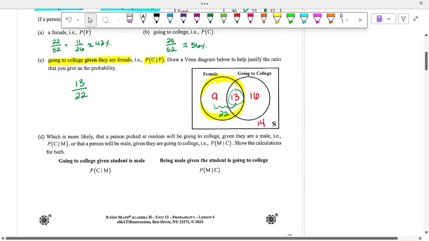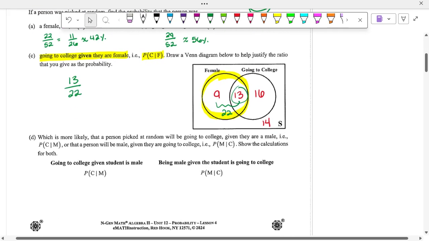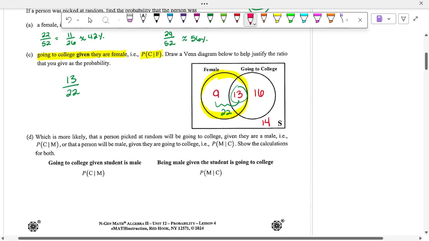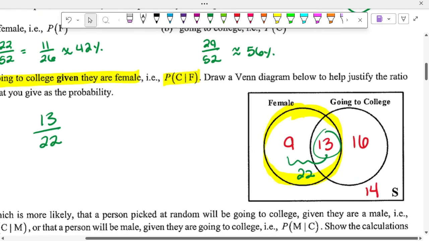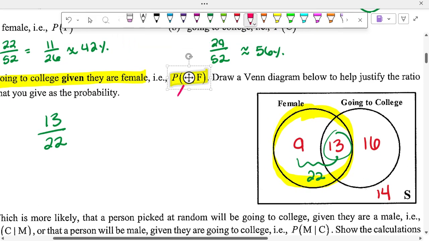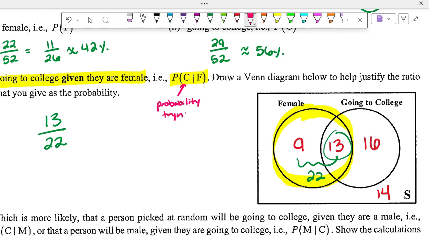All right. So typically, guys, when you're dealing with the way that they write out a conditional probability, this is the probability that we're trying to find. And this is the probability that we're given.